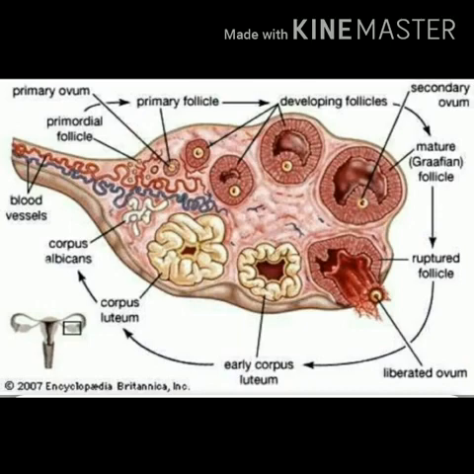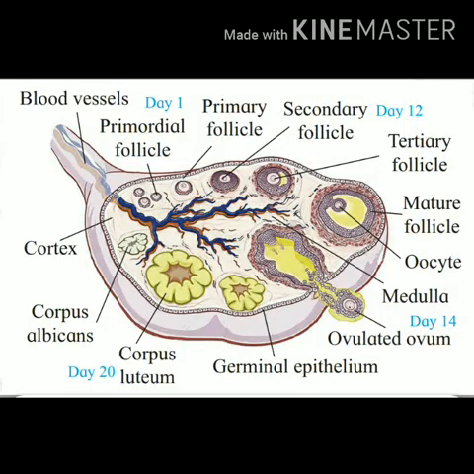If in the reproductive system the ovum meets the sperm, that is, if fertilization occurs, the formation of fetus takes place. But if the fertilization does not take place, corpus luteum degenerates into a white scar, a white mass called corpus albicans.